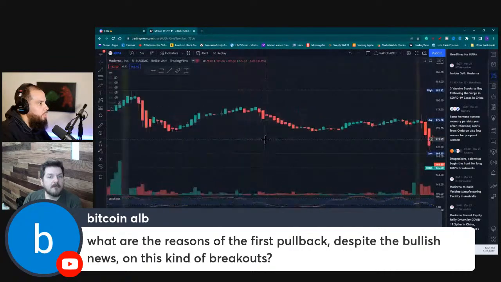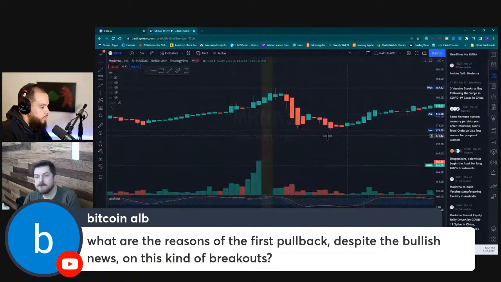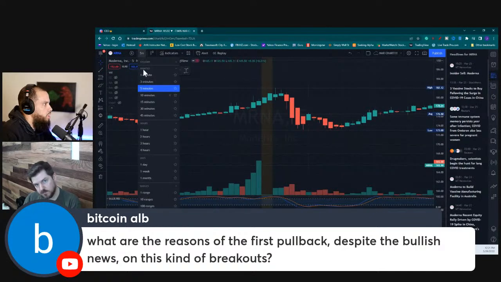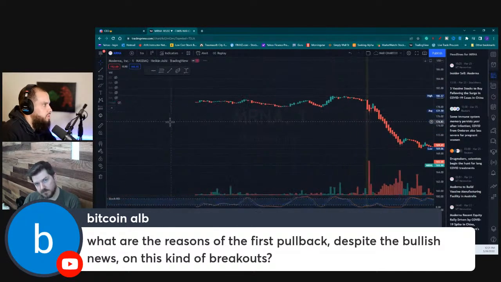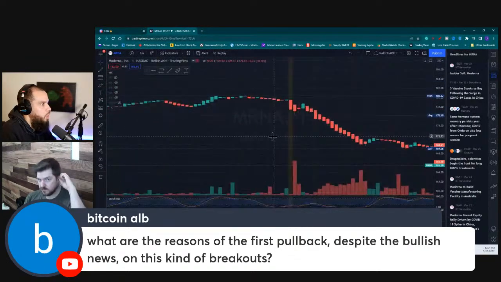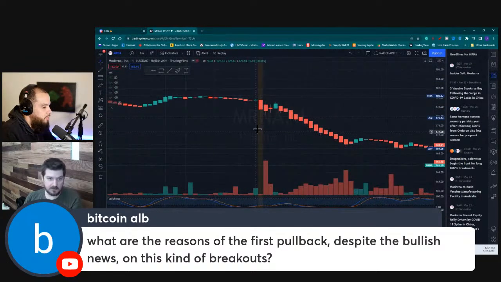But for me, when I'm looking at something pre-market, so you're asking what are the reasons for the first pullback? Usually people taking profits. That's the main reason. People are taking their profits on the first pullback. What I do when I'm trying to figure out the stocks that I showed is I'll do the Fibonacci retracement, and I'll look at where the high was.